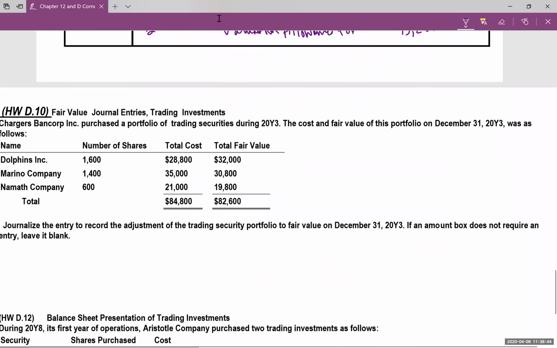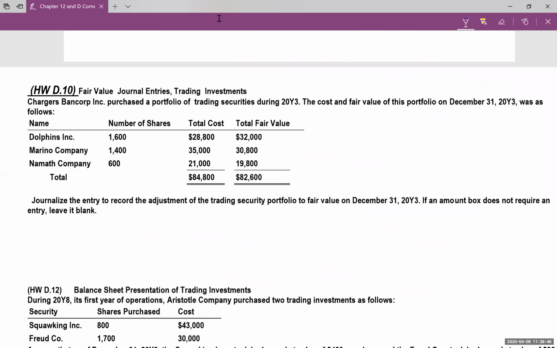All right, last page here. We have two more homework, D10 and D12. Chargers Bank Corp purchased a portfolio of trading securities. So they have a whole portfolio. The cost and fair value of this portfolio on December 31st was as follows.